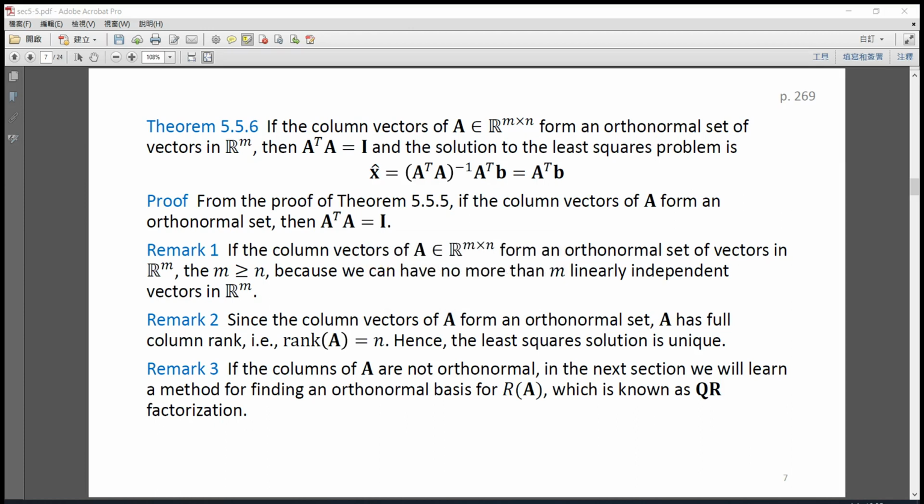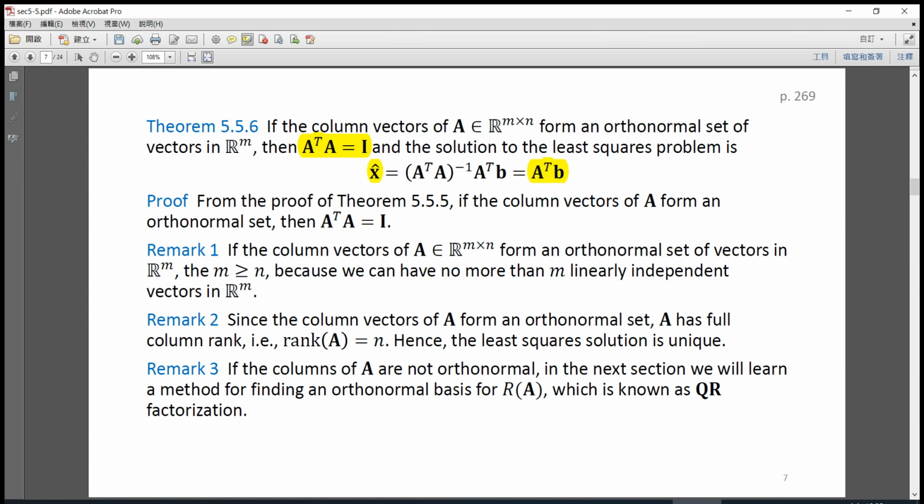Next, we discuss Theorem 5.5.6. If the column vectors of A of dimension m times n form an orthonormal set of vectors in Rm, then we have A transpose A equals identity. And the solution to the least squares problem is x hat equals A transpose b.